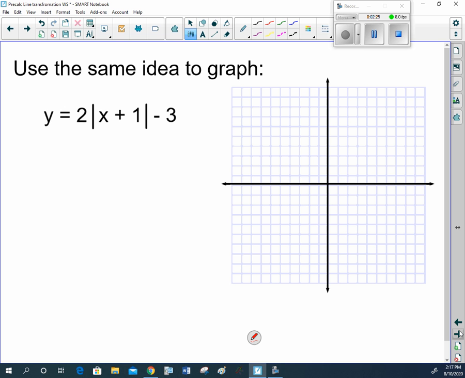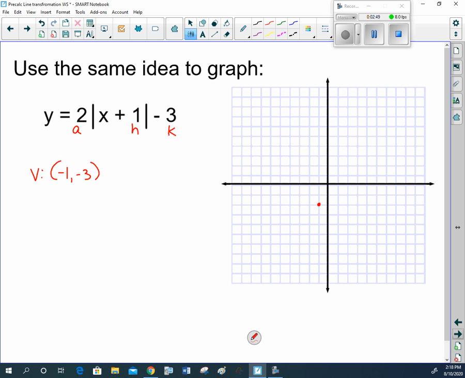Okay, same thing now with absolute value. So remember, the absolute value is a V shape. So here's our A, H, and K. The vertex of this absolute value is at -1, -3. So we'll come over here at -1, -3. And then our rate of change, A, is 2.